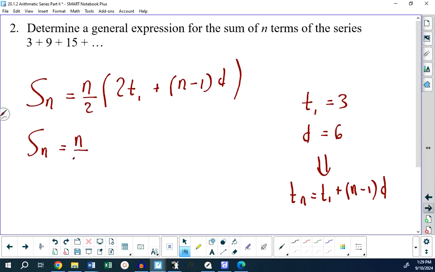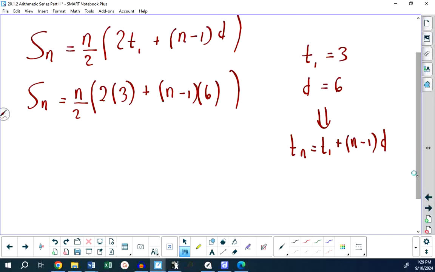Sn is n over 2 times 2 times the first term, which is 3, plus n minus 1 times the common difference, which is 6. I don't really need brackets around the 6, but what the heck. So what I would ask everybody to do is take a minute or so and simplify what's in brackets here.